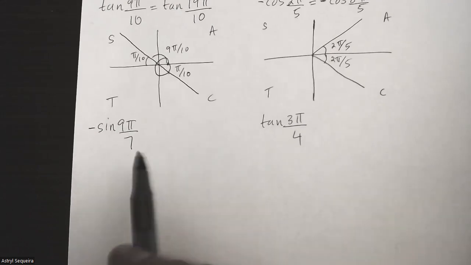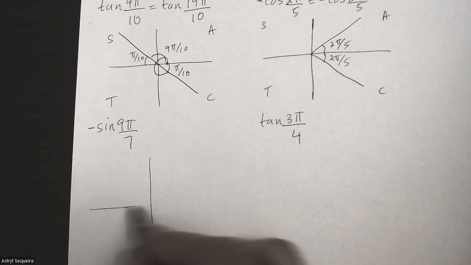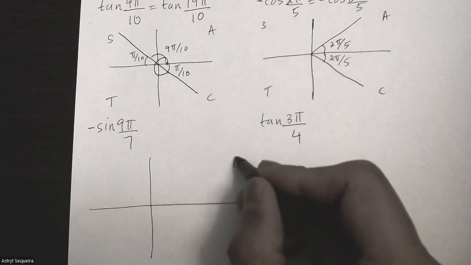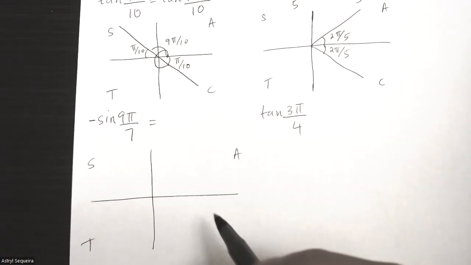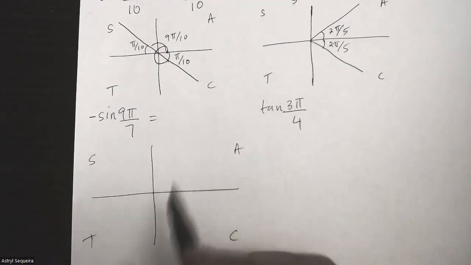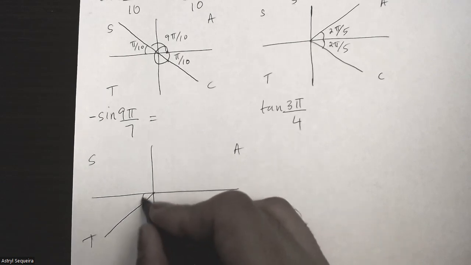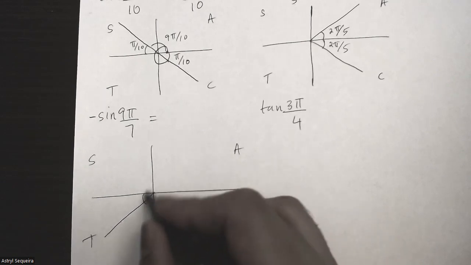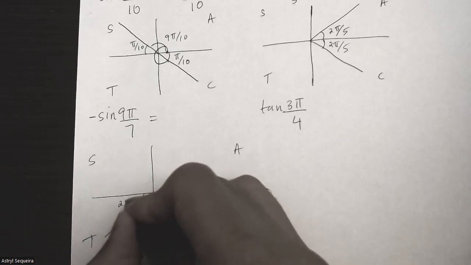All right, last two questions over here just for some practice. Again, we have a negative one over here. So negative sine 9 pi over 7 is in the third quadrant over here. The acute angle is 9 pi over 7 minus pi. 9 pi over 7 minus pi is 2 pi over 7.